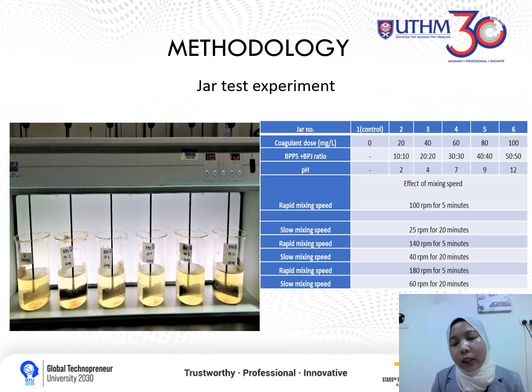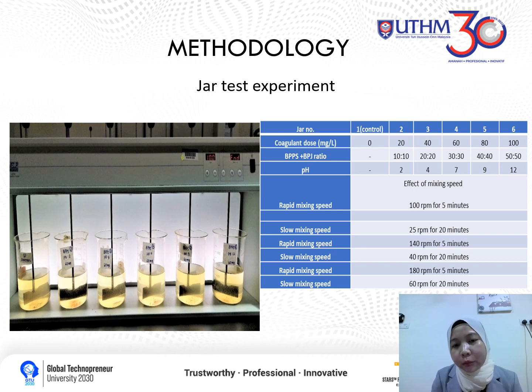After we have obtained both types of coagulant, we conducted a jar test experiment to evaluate the performance of both coagulants in the water treatment process. In this jar test, we have 6 beakers or jars with one control. The coagulant dosage is varied for the 6 jars.